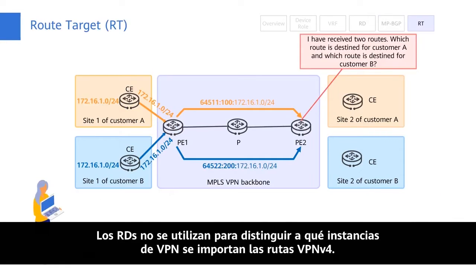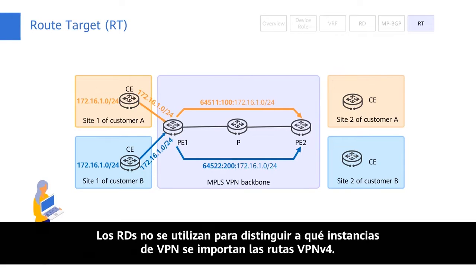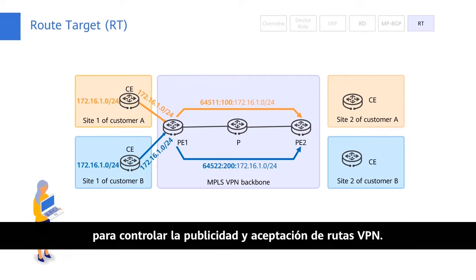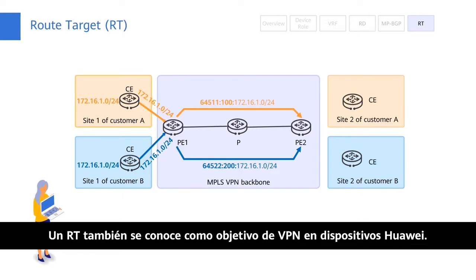RDs are not used to distinguish which VPN instances VPNv4 routes are imported to. Instead, a route target, a 32-bit BGP extended community attribute, is used on an MPLS VPN network to control the advertisement and acceptance of VPN routes. An RT is also referred to as a VPN target on Huawei devices.